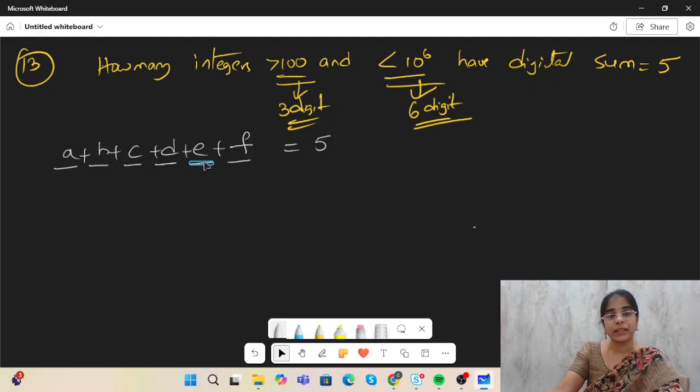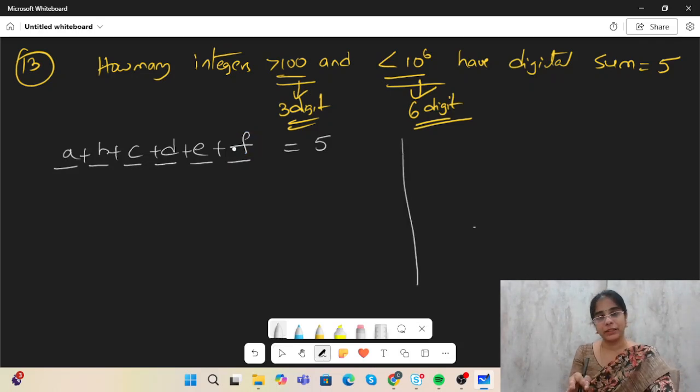Suppose till here, if all these places are zeros, then I am getting a single digit number which should not be counted for my case. Or till here if it is 0, I am getting a 2-digit number that also is not to be counted for my case. So what I am going to do is, I am taking a 6-digit number completely.